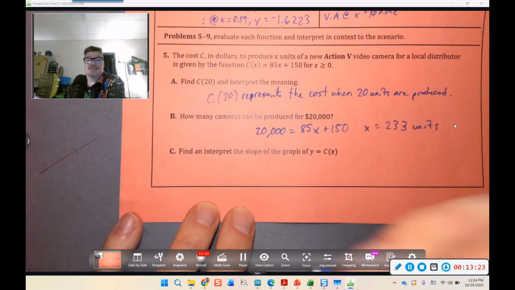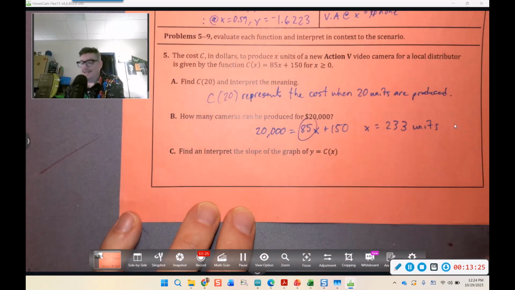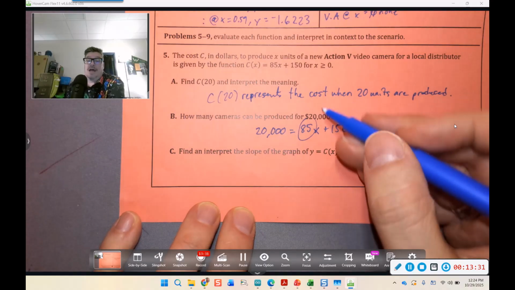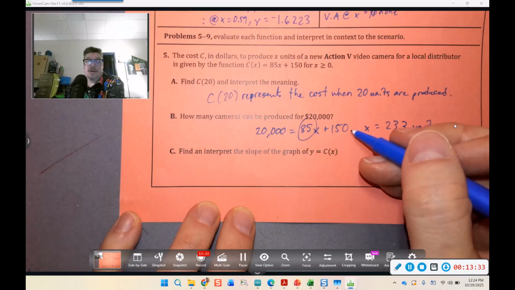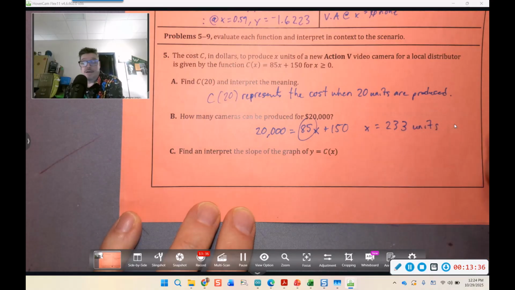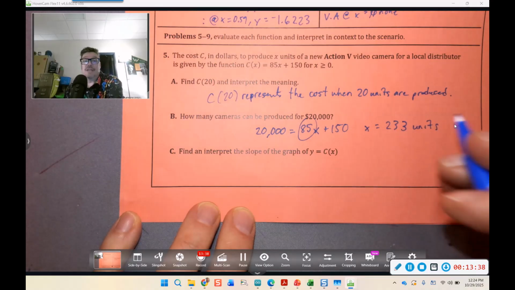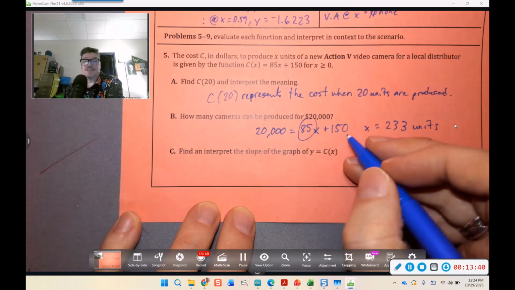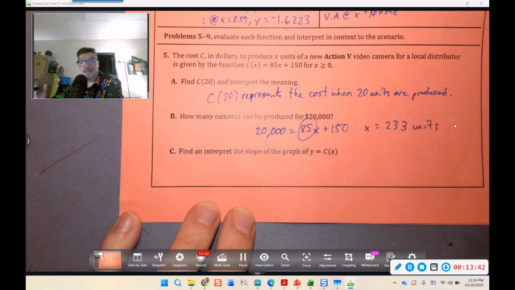So what does the slope of this mean? What does 85 mean? Well, it means that I have a starting fee of setting this up for $150. This is a fixed cost, maybe to set up the machine, to buy the machine.